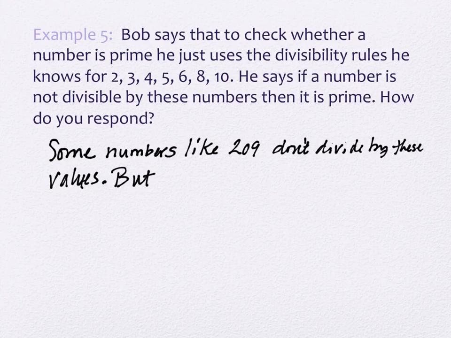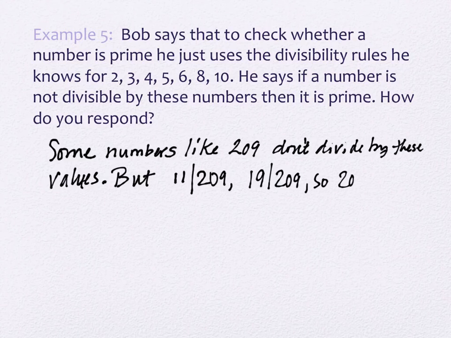But 11, did you say it was 11 and 19? 11 divides 209, and 19 divides 209. So 209 is not prime.